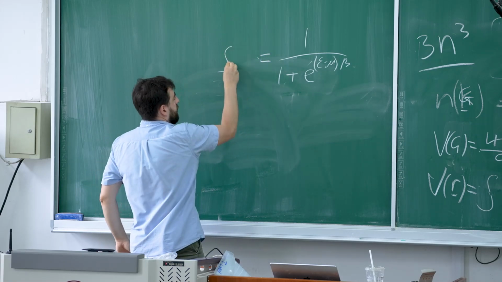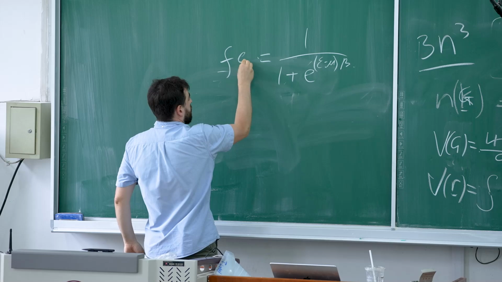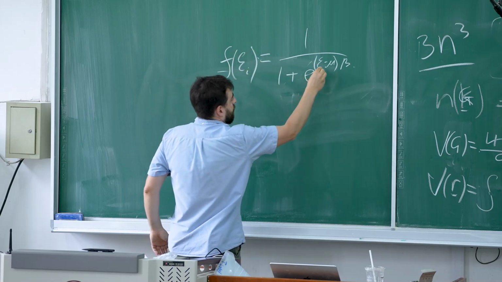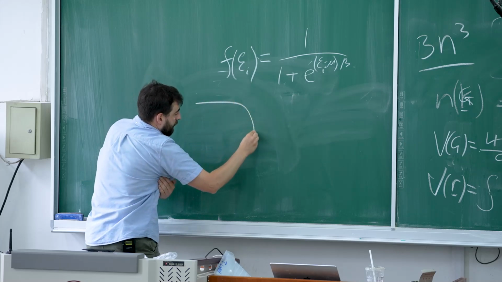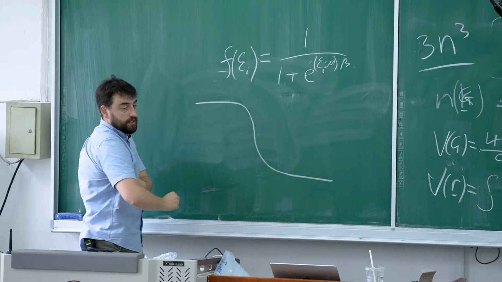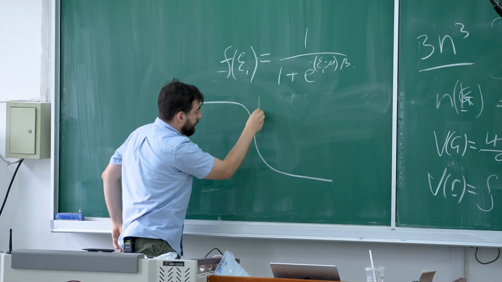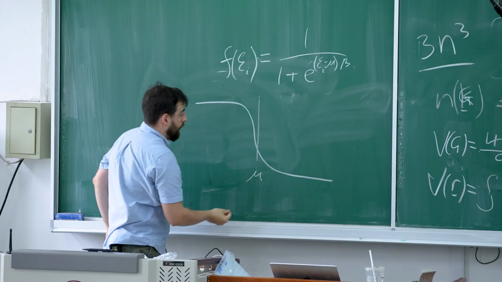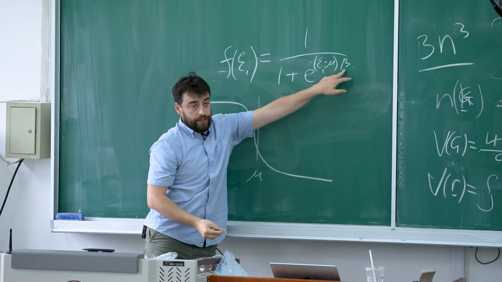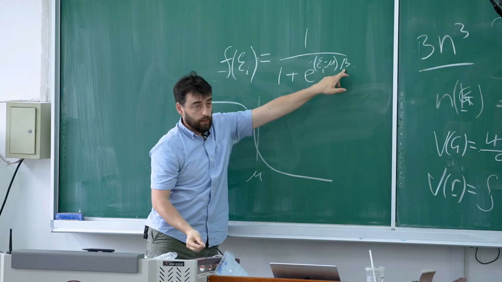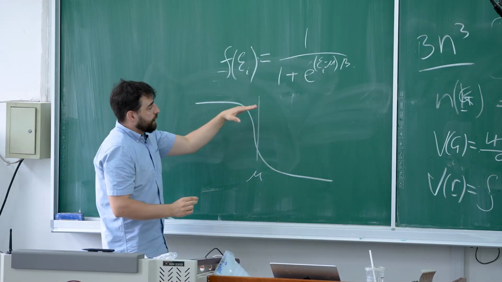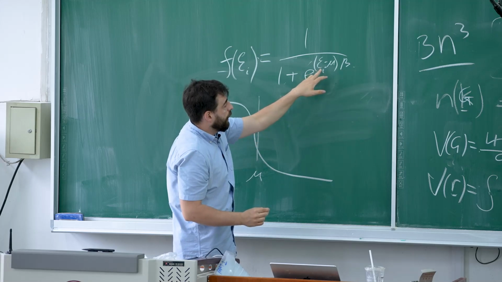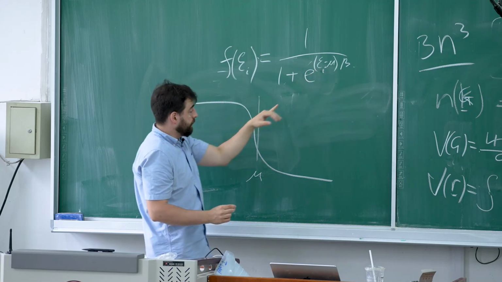Okay. So what we can say is that F of, okay, looks like that. And so we can say that we have a distribution which looks something like that. This is going to be mu, and this is 1 over the temperature. In atomic units, it's just 1 over the temperature. So for low energy states, they're going to be occupied.